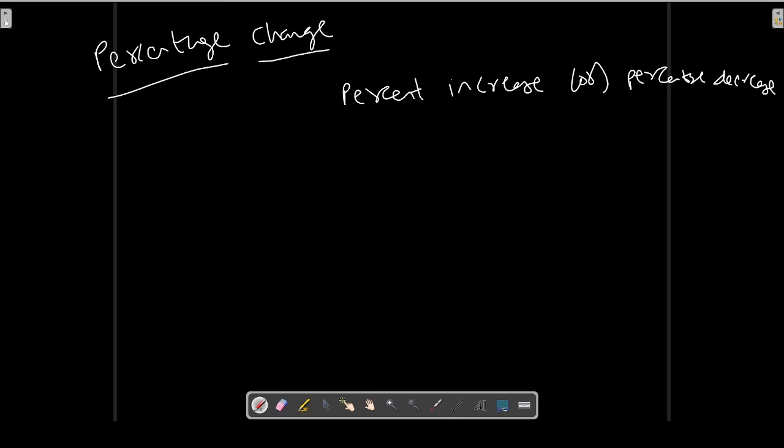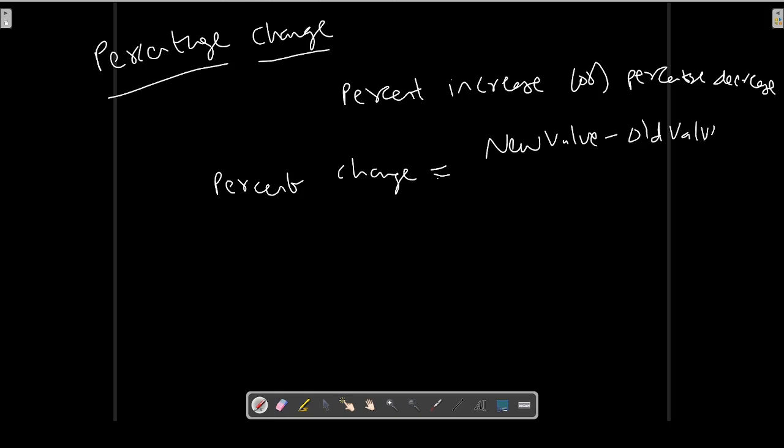In general, percentage change can be given as new value minus old value by old value into 100.